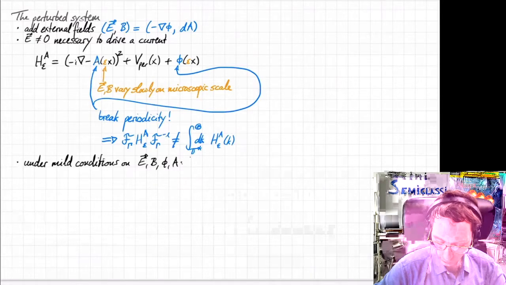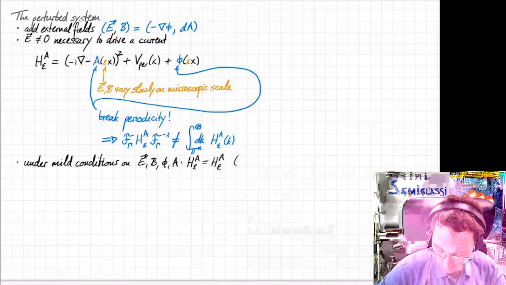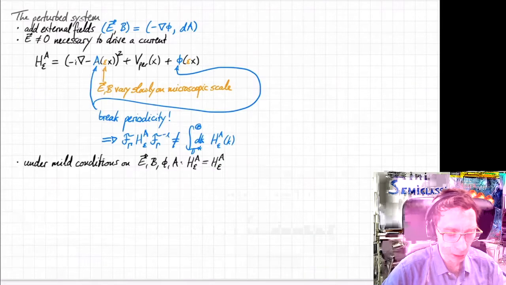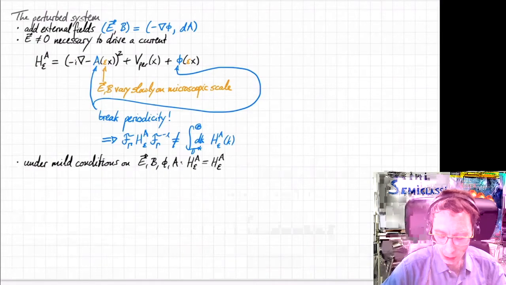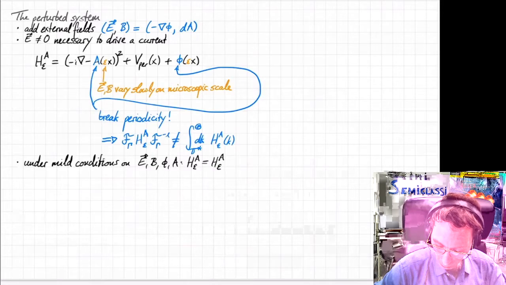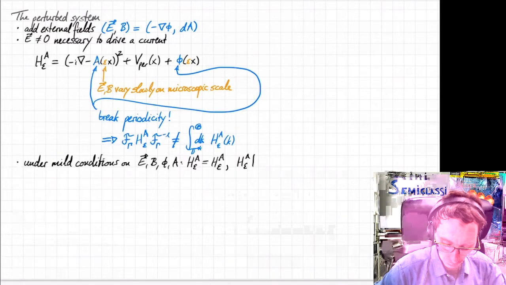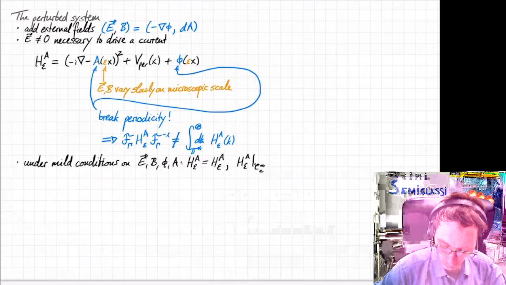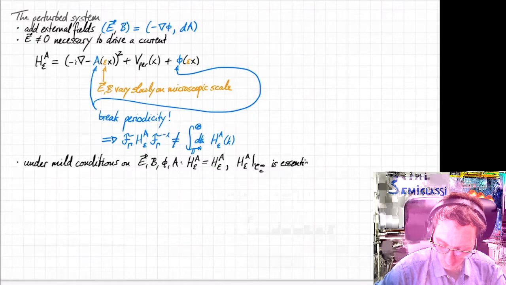Under mild conditions, this perturbed operator is still self-adjoint, for example typically on the second magnetic Sobolev space. And if you pick a suitable core, one common choice being the smooth functions with compact support, this restricted operator is essentially self-adjoint.